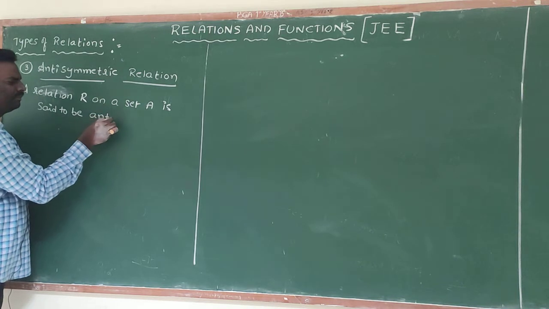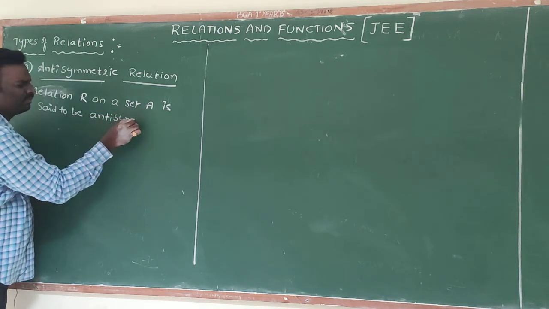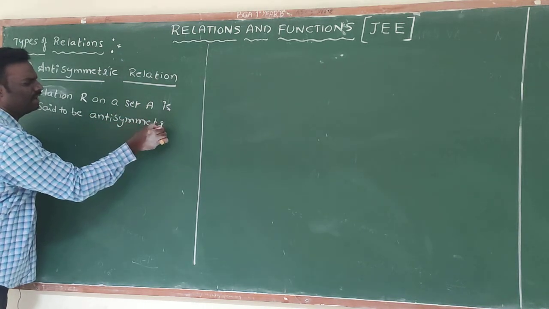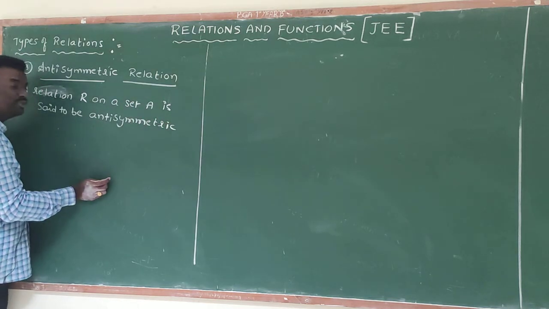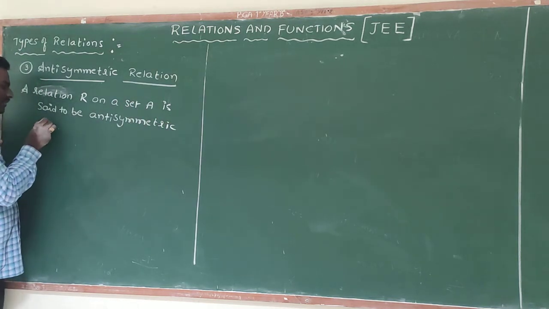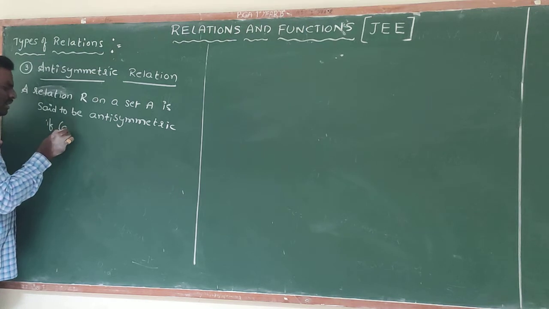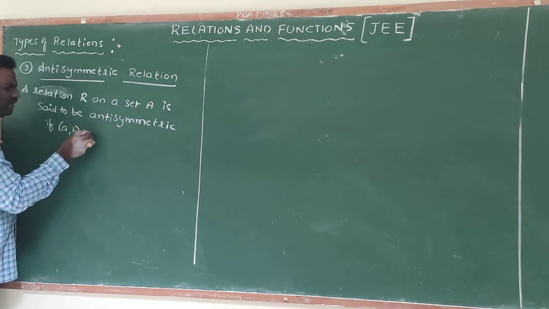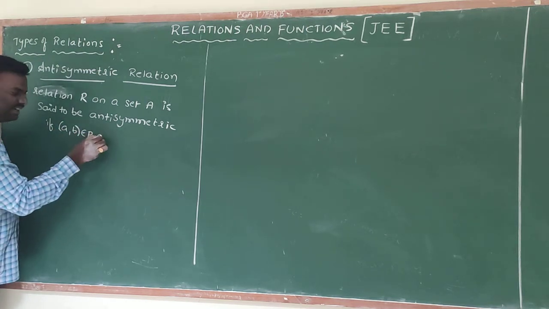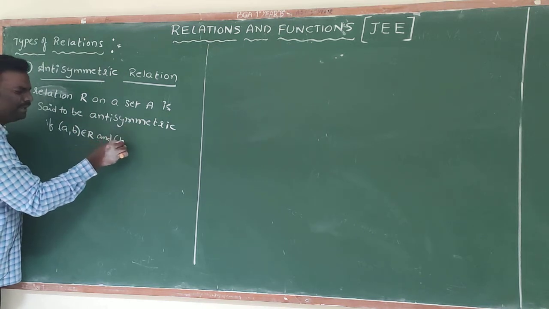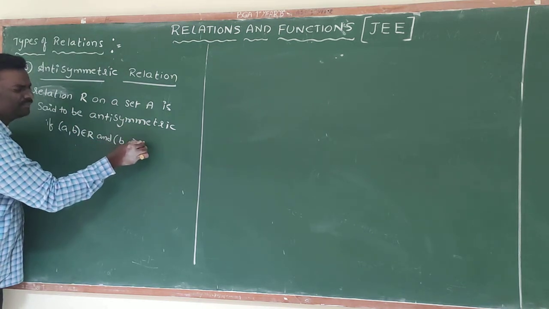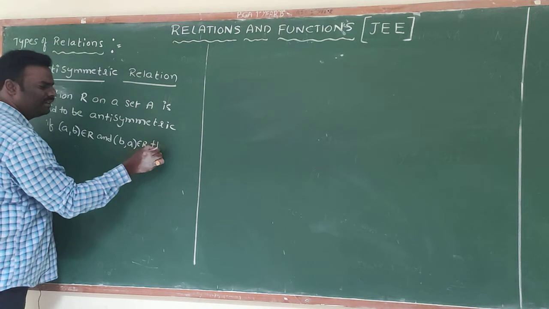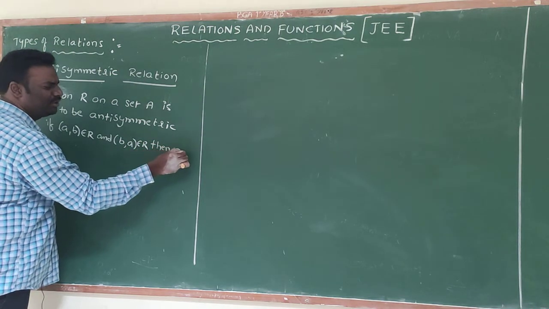A relation capital R on a set capital A is said to be anti-symmetric if A comma B belongs to R and B comma A belongs to R, then A is equal to B.